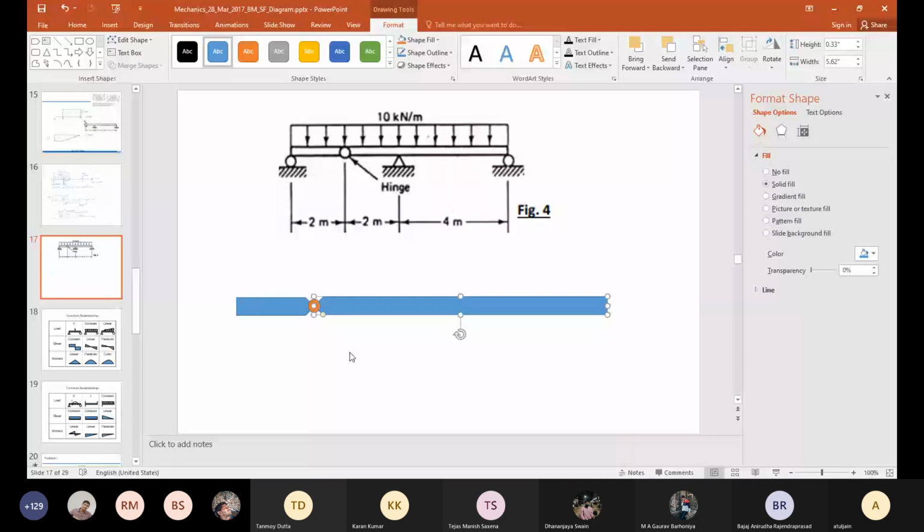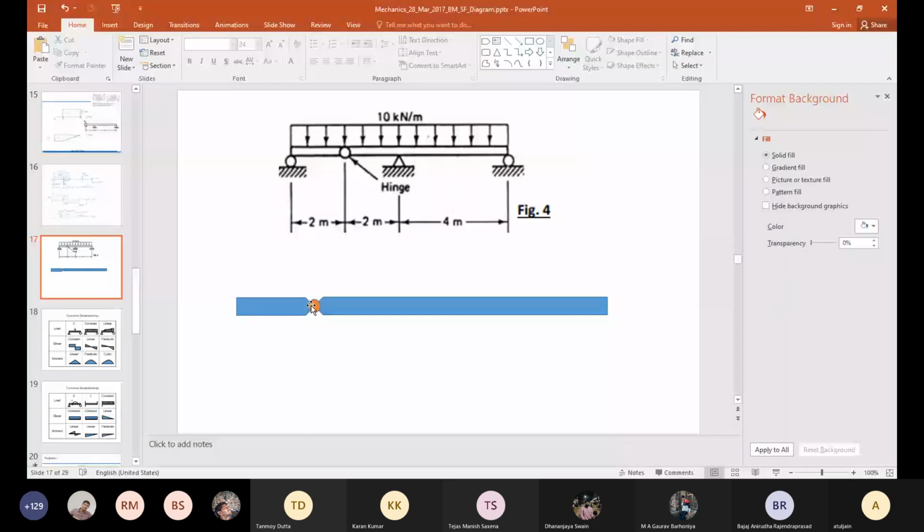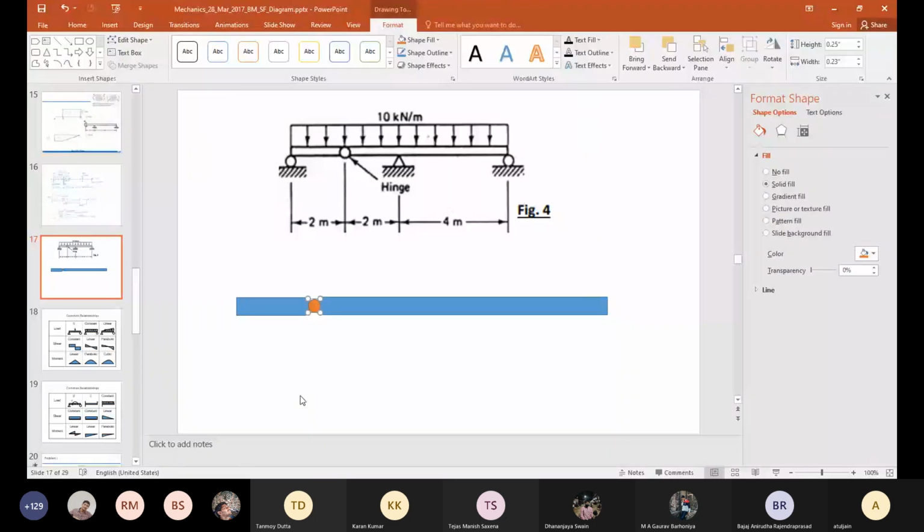If it is connected by a pin, what can we say about the reactions at this point? When two parts are connected by a pin, which component of force or moment is zero? Moment is zero.